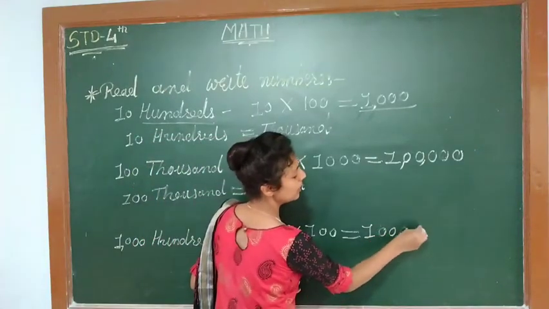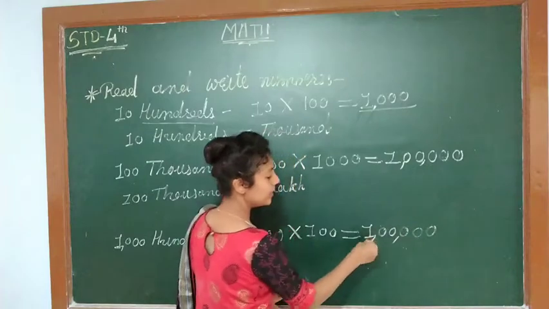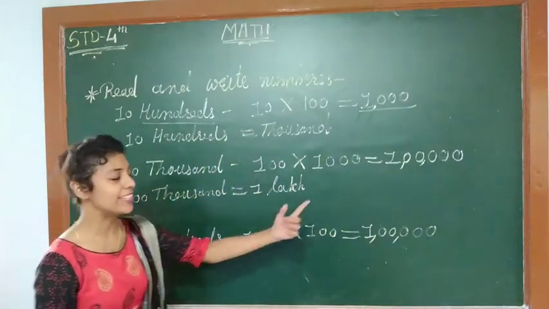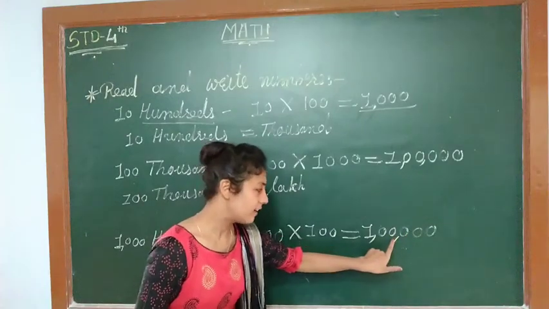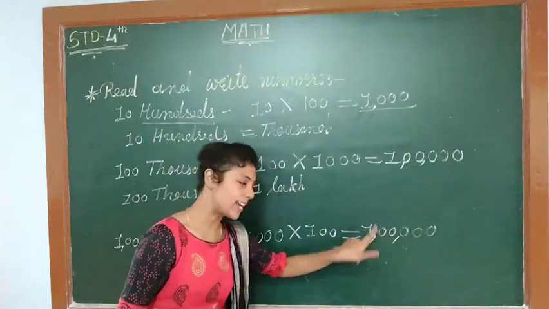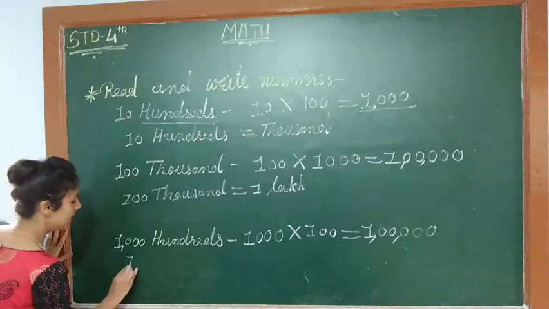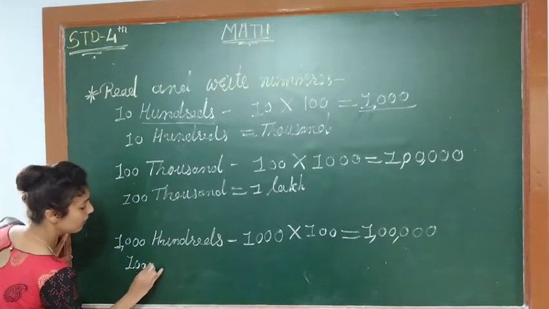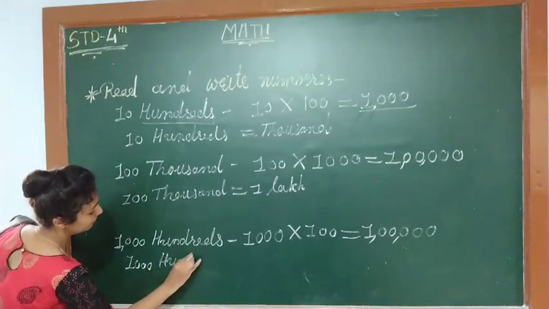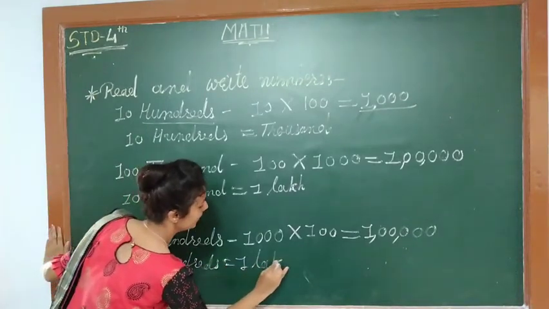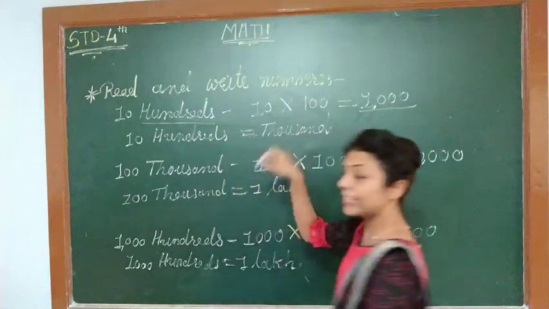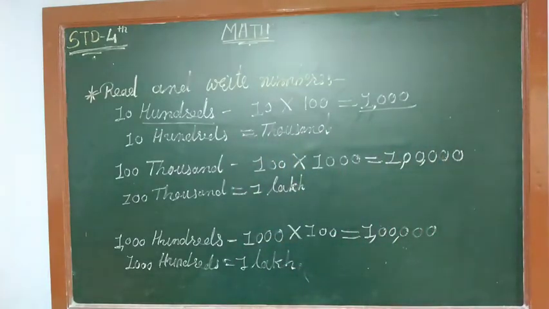Once again, which number is it? 1 lakh. Ones, tens, 100, 1000, 10,000 and lakh. So we can say 1000 hundreds is equal to 1 lakh. So students, write this in your notebook.